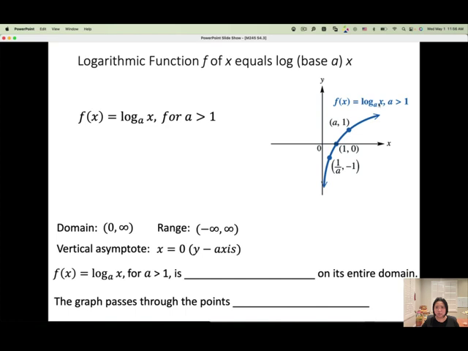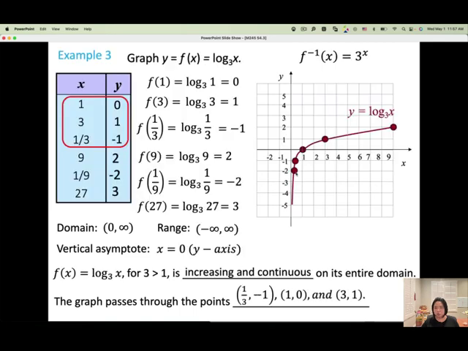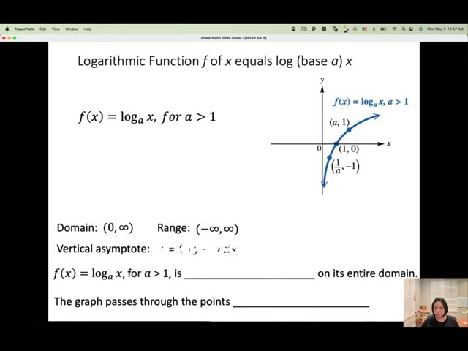And again, this is going to be increasing and continuous. So the graph passes through these 3 points. When you have the base a, you have (1/a, -1), (1, 0), and (a, 1). That will be similar to this guy: (1/3, -1), (1, 0), and (3, 1). Okay, same thing.